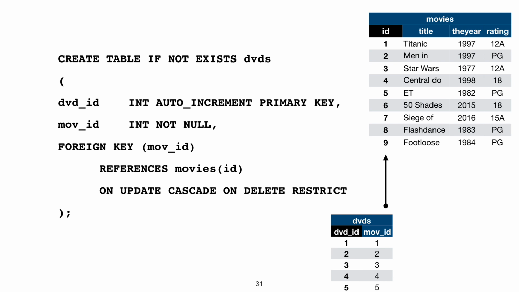A primary key is the important key in the table that uniquely identifies each row. If a column contains the primary key of a different table, that's known as a foreign key in this table. So in this table, movie ID is a foreign key.